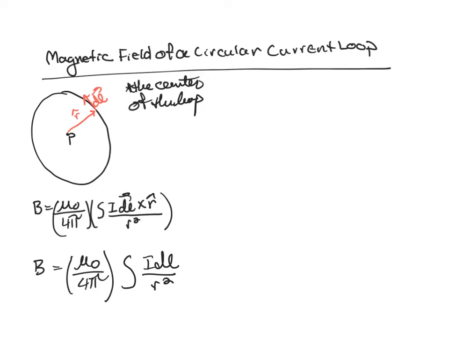Alright, so we need to sum over all of our tiny dl's. And all those tiny dl's will sum up to the circumference of the circle. So we are going to integrate from 0 to 2 pi r. And that's going to give us then, and be careful here, we're integrating in terms of L, not in terms of R, which is why I'm just subbing in a 2 pi r.